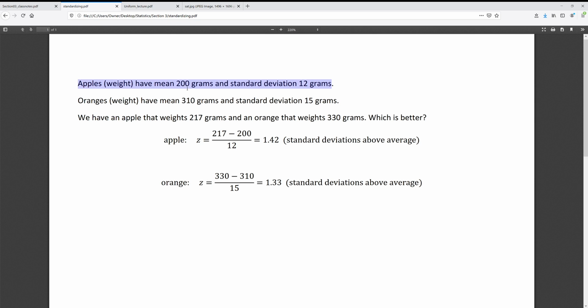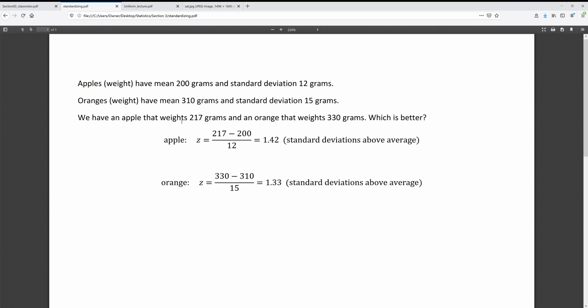And if you took their data average and their data standard deviation from section 2, then you would get 200 and you would get 12. Likewise, oranges, in general, have mean weight 310 grams and standard deviation 15 grams. Let's think about that. On average, oranges weigh more than apples. On the other hand, on average, oranges vary more in weights than apples.